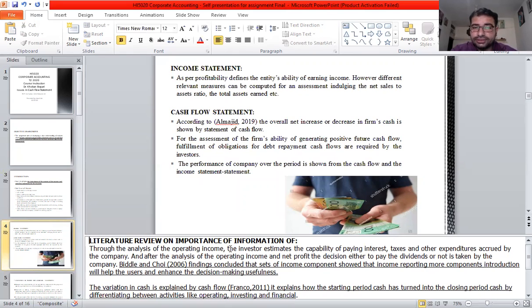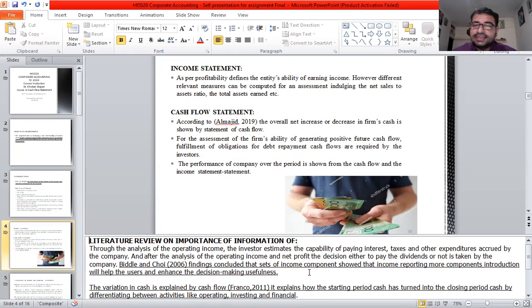I have also looked into the literature review on the importance of the information through which the analysis of the operating income, and the investor estimates the capability of paying interest, taxes, and other expenditures incurred by the company. After the analysis of the operating income and the net profit, the decision either to pay the dividends or not is taken by the company.